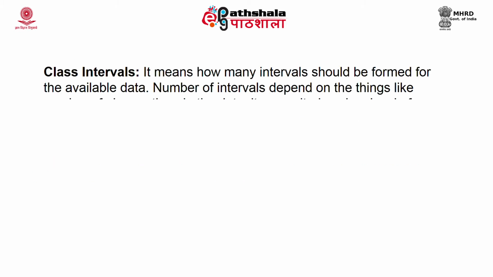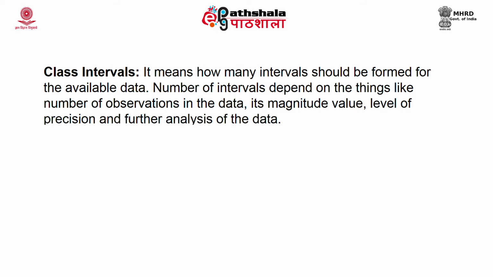It means how many intervals should be formed for the available data. The number of intervals depends on things like the number of observations in the data, its magnitude, level of precision, and further analysis of the data.